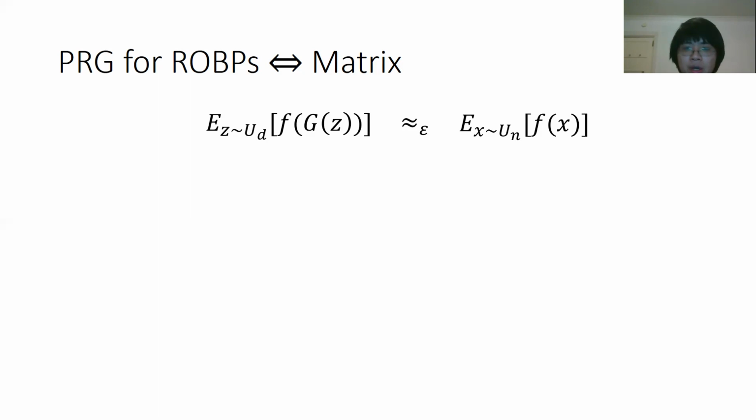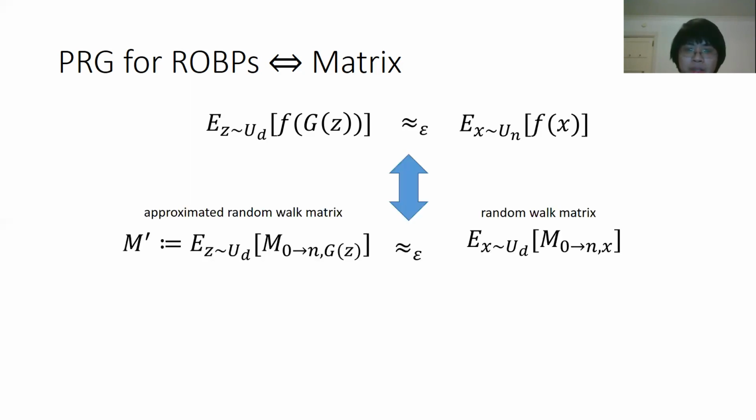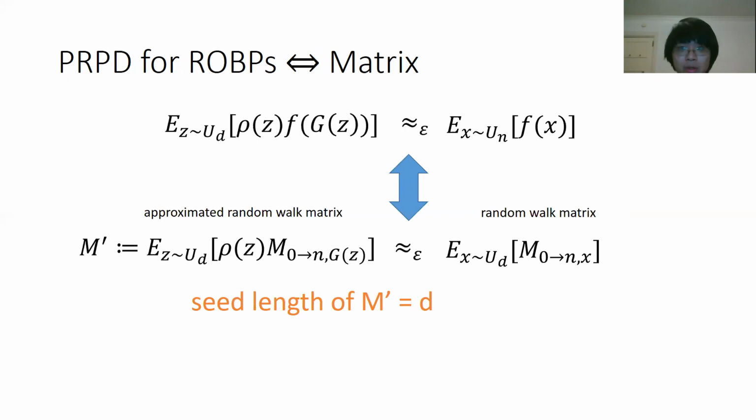And if we replace this f with the transition matrix of the ROBP, then our goal becomes that we want to compute a matrix M prime, which is only the average of 2^d transition matrices, such that this matrix M prime is the epsilon approximation of the random walk matrix. And here we say the seed length of M prime is d. And similarly for PRPD, we can also take M prime to be the weighted average of some transition matrices.